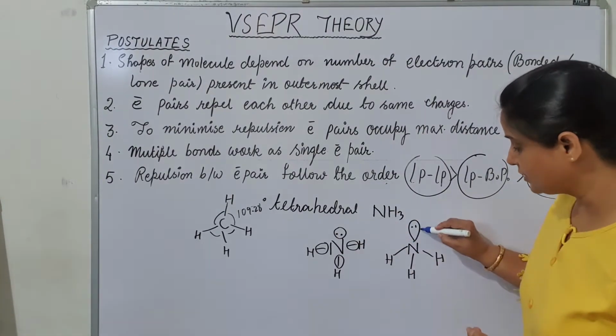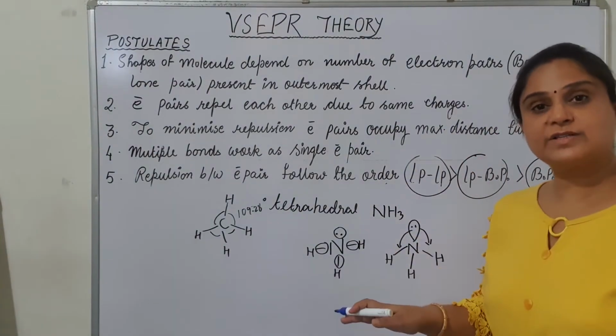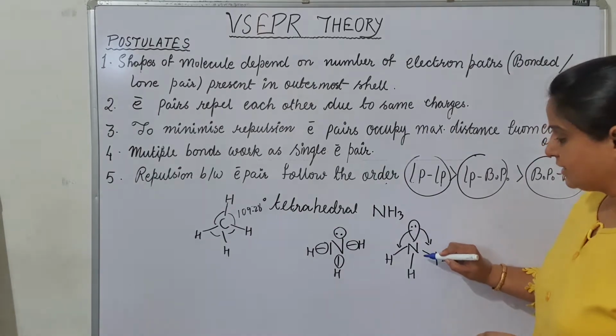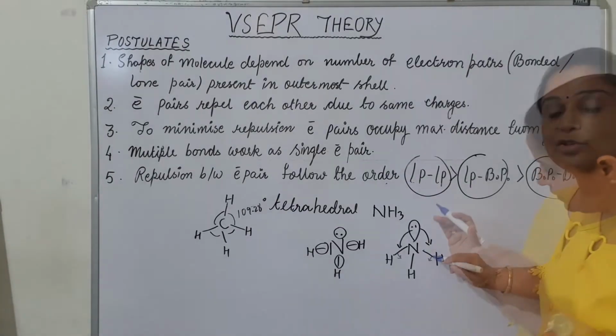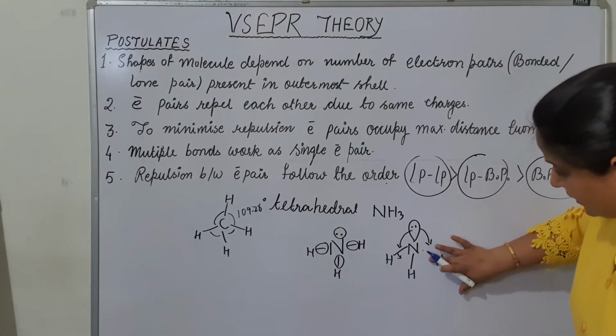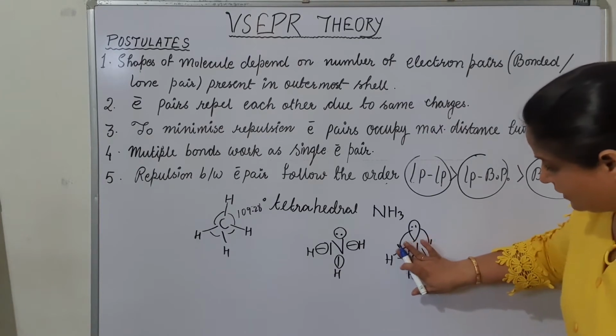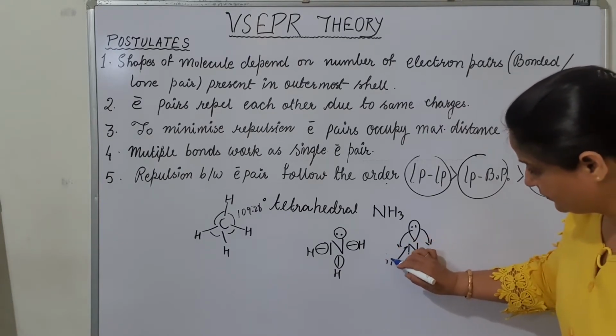So this lone pair is going to push the bond pairs towards the downside, and that is why these bonds will be shifted to decrease the bond angle. So what will happen then? The shifting will be there like H and this will be shifted to H.